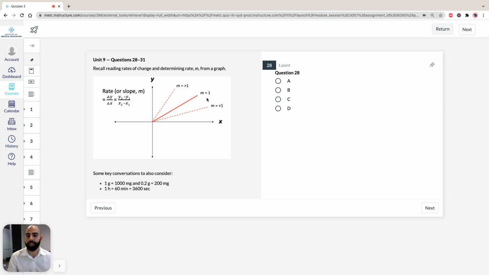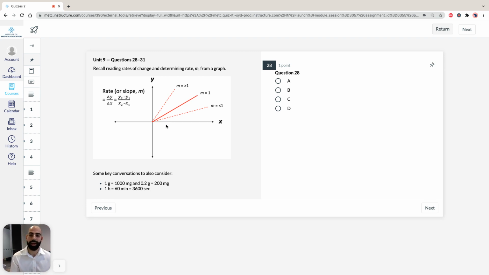Now, say we change this property and say y is greater than x. Let's say y is 2, x is 1. You can see that the gradient is going to be steeper. If y is 4, x has to be 2.